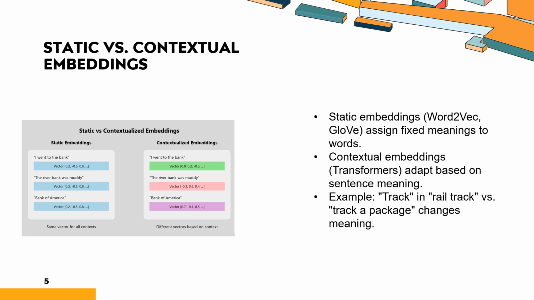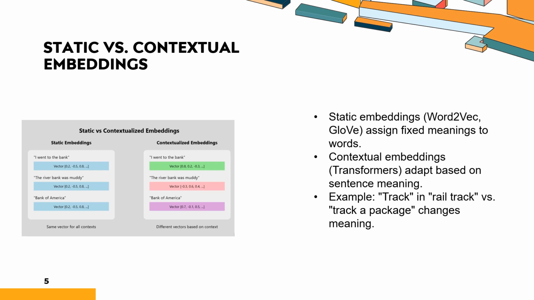Here's a great example of how static embeddings and contextual embeddings differ. On the left, the word bank has the same vector in all three sentences: I went to the bank, the river bank was muddy, and Bank of America. Whether it's a financial institution, a river bank, or part of Bank of America.